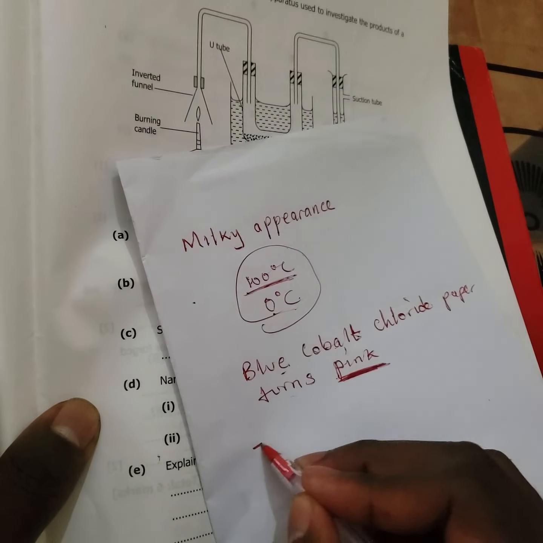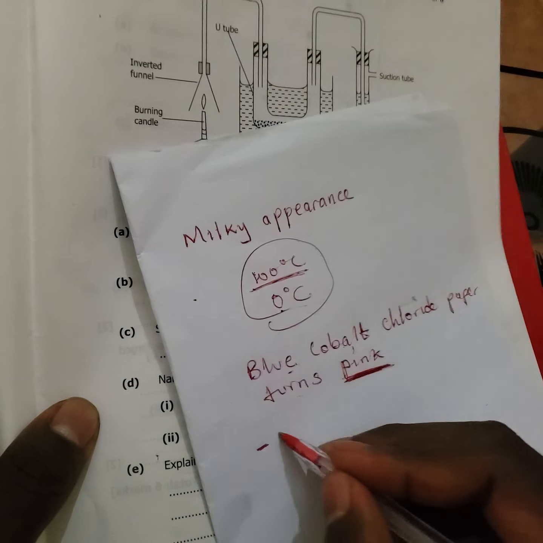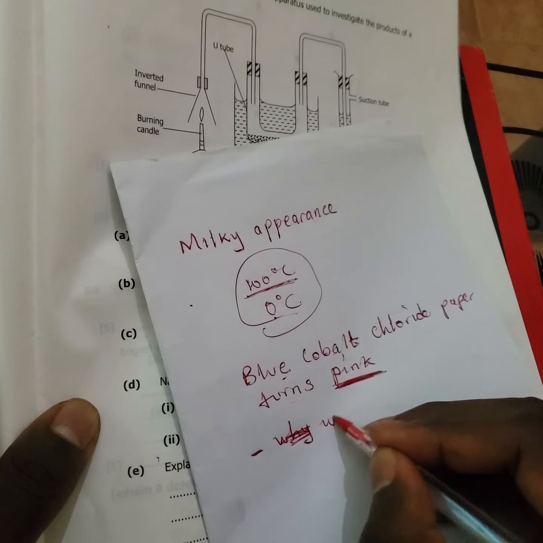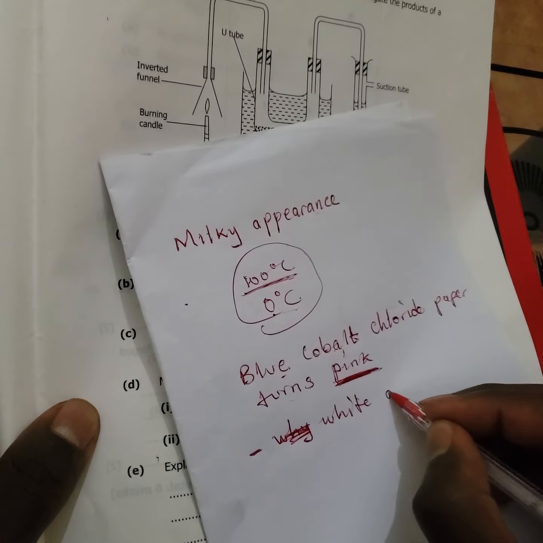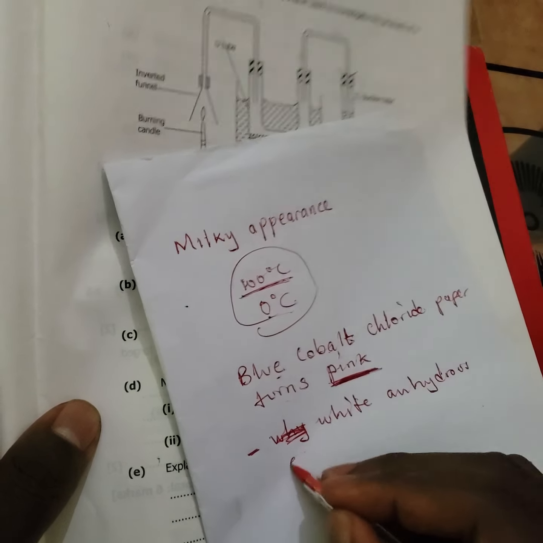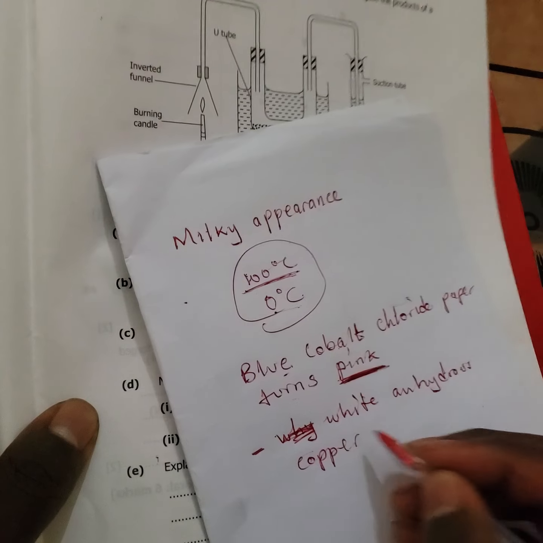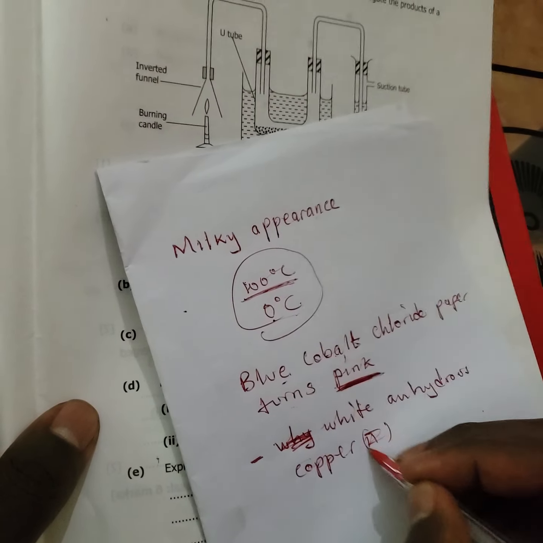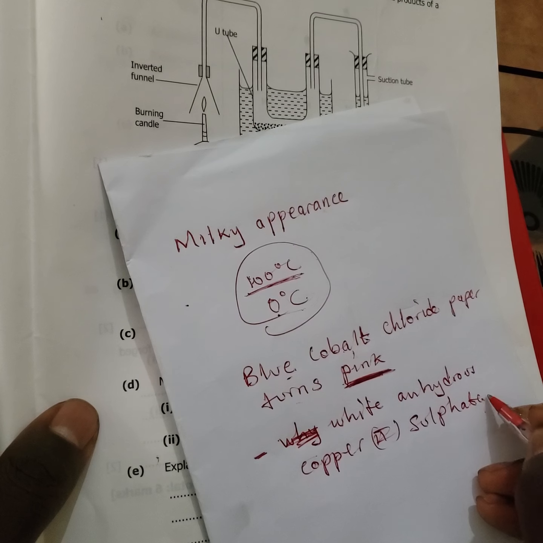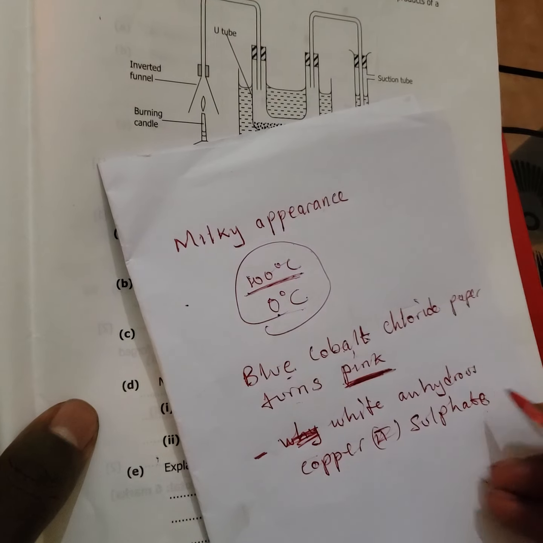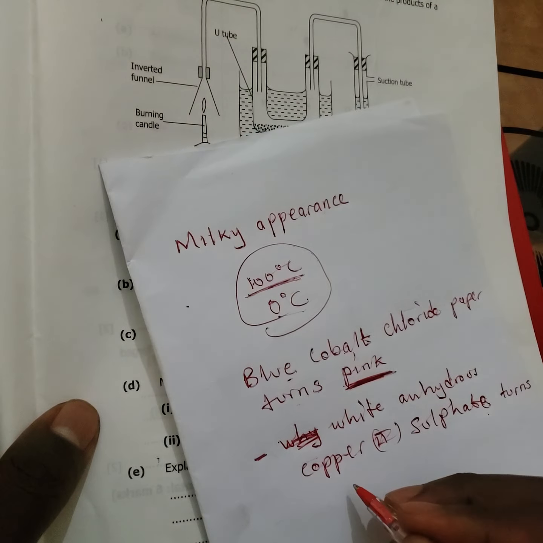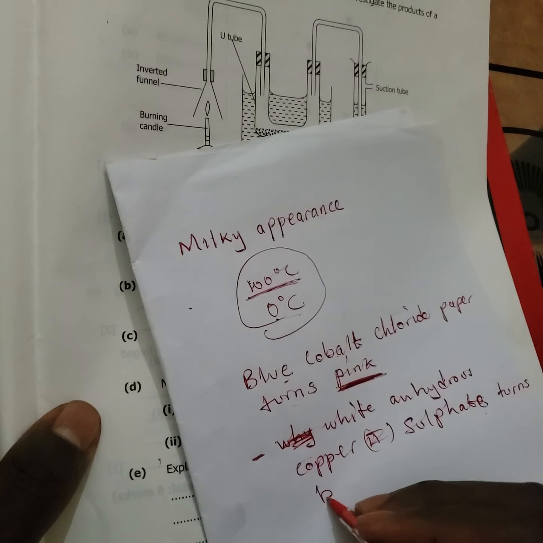The other one is where you use the white anhydrous copper 2 sulfate, which turns blue.